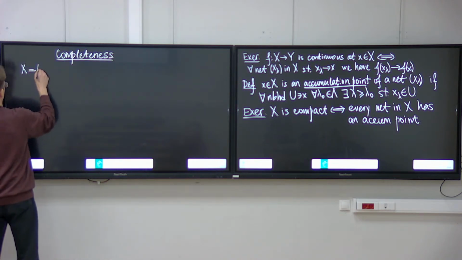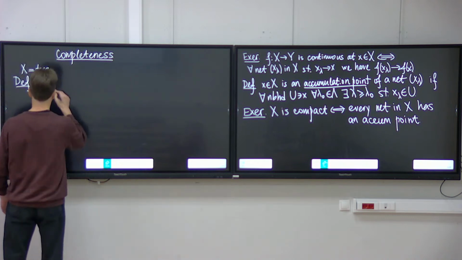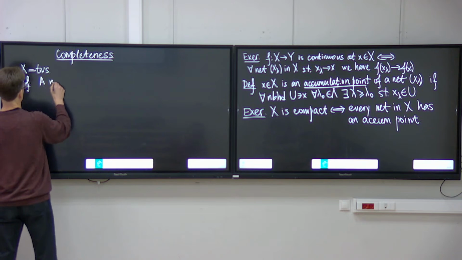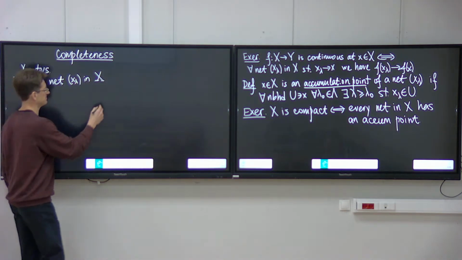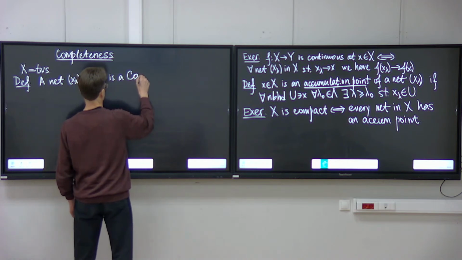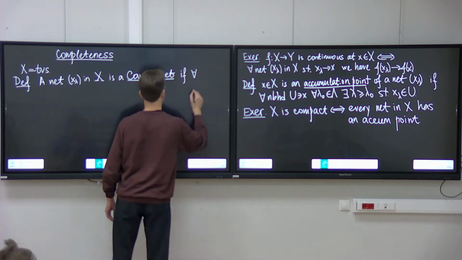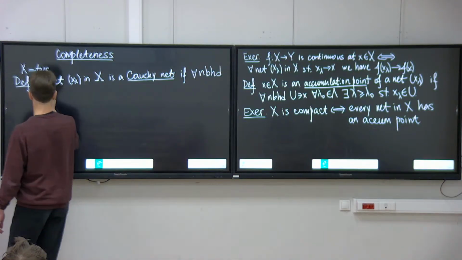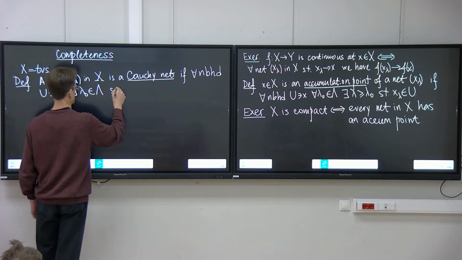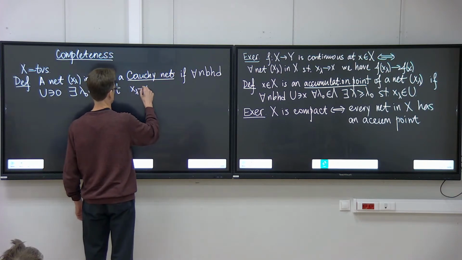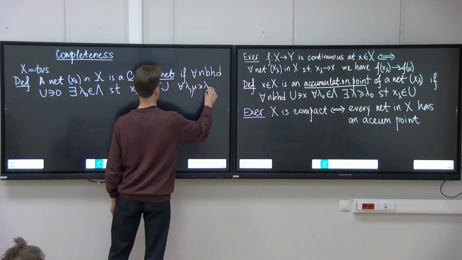Suppose that X is a topological vector space, and suppose we have a net x lambda in X. We say that this net is a Cauchy net if for every neighborhood U of 0, there is an element lambda 0 in our set such that x lambda minus x mu belongs to U whenever lambda and mu are greater than or equal to lambda 0.